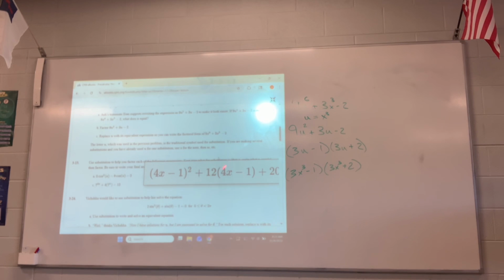Yeah, the whole 4x minus 1, right? Because that would be u squared plus 12u plus 20, right? What would u be here? 7 to the power x, right? What would u be here? Yeah, x to the 4/3, right? Go for it. I want you guys to try those. Pick one. Try it. When you get it, we're going to put it on the board. Go.